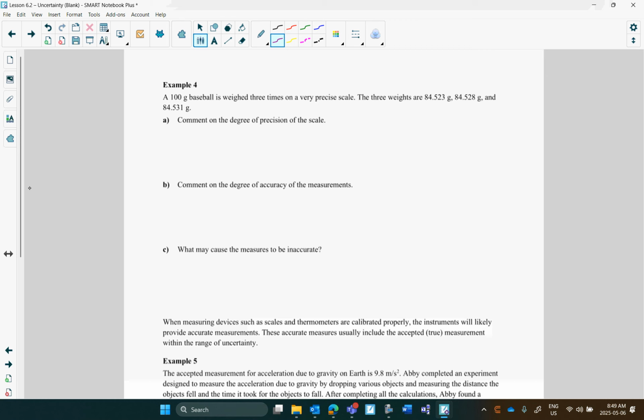These two are only 0.003 apart, so that's pretty precise. So the scale is pretty precise, because the 3 measurements are close to each other.